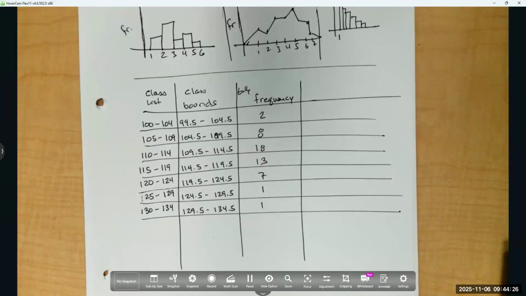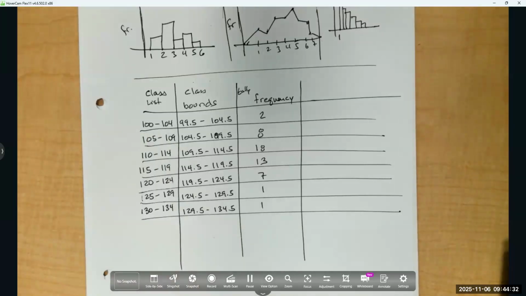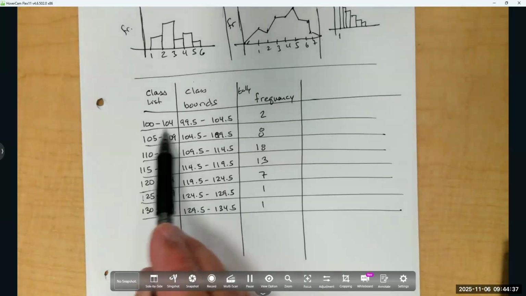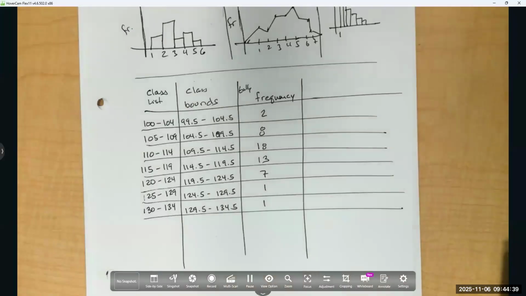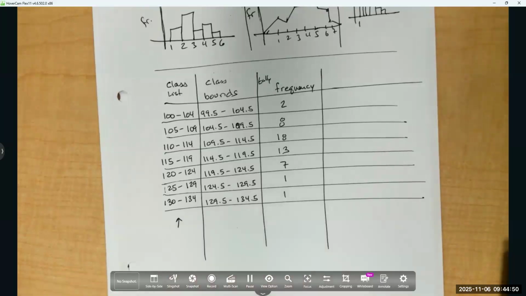How do we create the class list? How do we make these bounds? How do you make this first column? Before that, what do you gotta do? To create this column, what do you have to do?